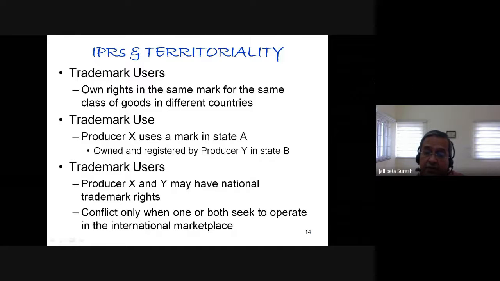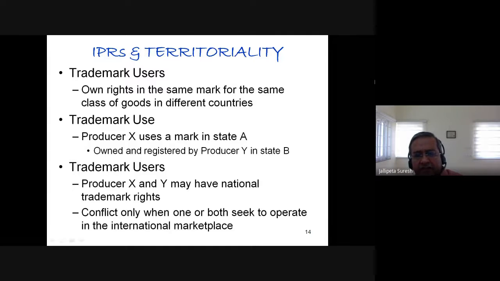Probably here you may not get a conflict situation because these producers are operating in two different states, even though they are using an identical trademark, perhaps for an identical set of goods. So conflict is very remote in this case, because as long as you both are happy in your respective jurisdictions, probably there is no conflict.